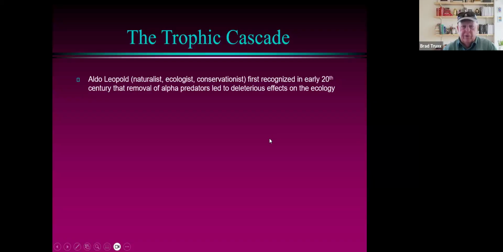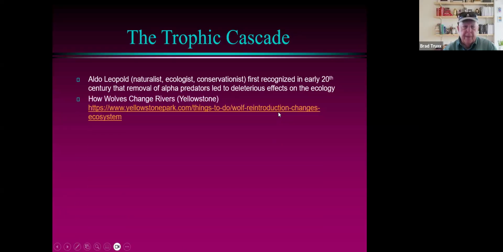The best example of the trophic cascade was described by Aldo Leopold, the famous naturalist, ecologist, and conservationist. And he basically talked about what happens when you remove alpha predators from an ecology. And you can see this. I'd highly recommend all of you, if you haven't seen it already, go to this website to see how wolves change the rivers.